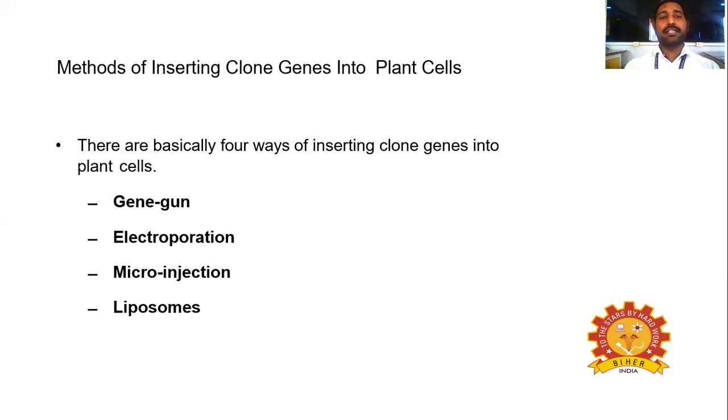Any one of the genes or DNA molecules can be taken and put into the plant cells. For that, there are methods for transferring this cloned gene into plant cells: the gene gun, electroporation, microinjection, and liposomes.